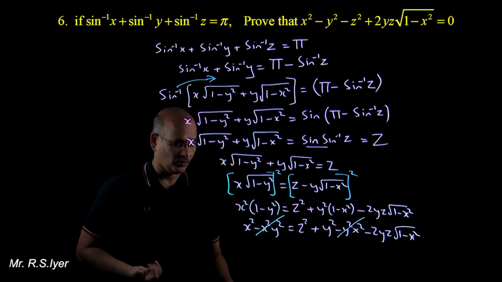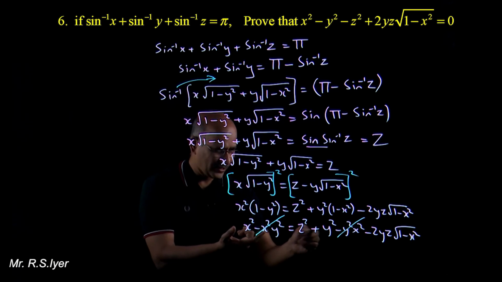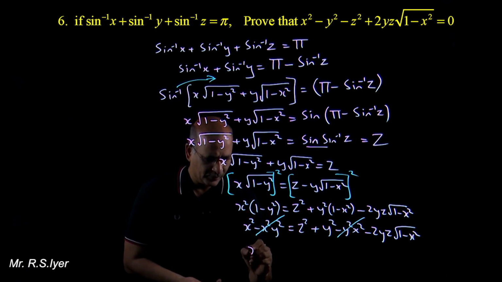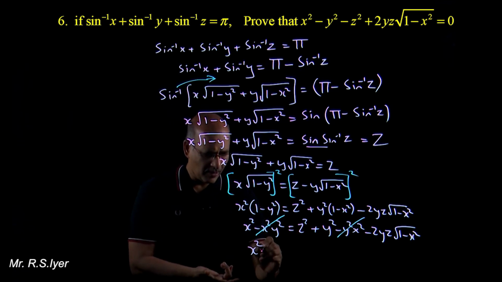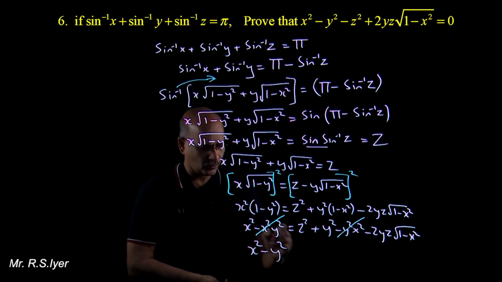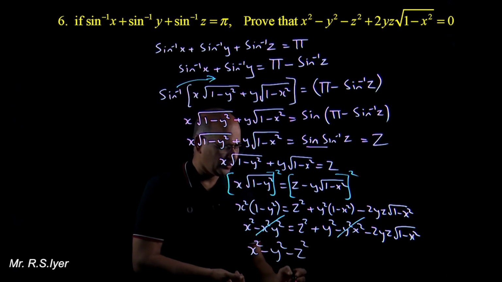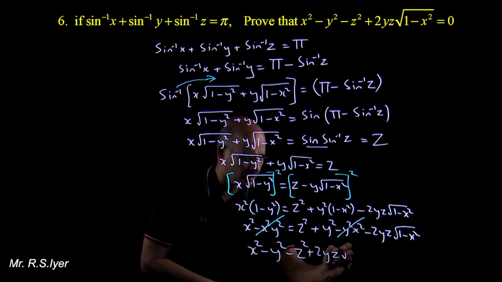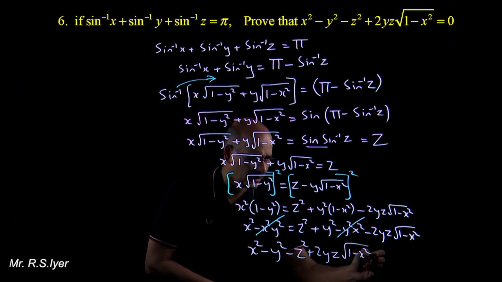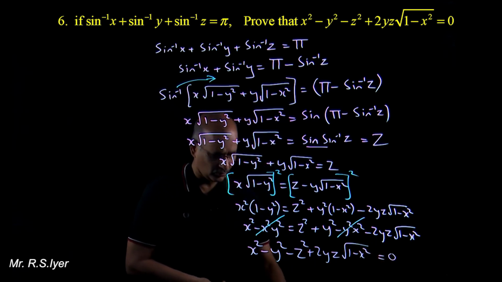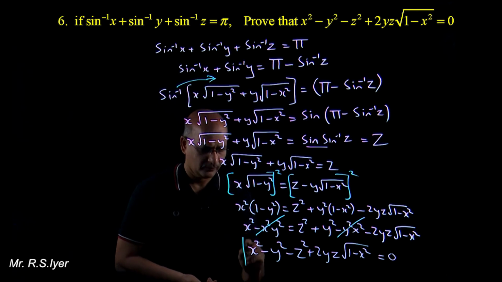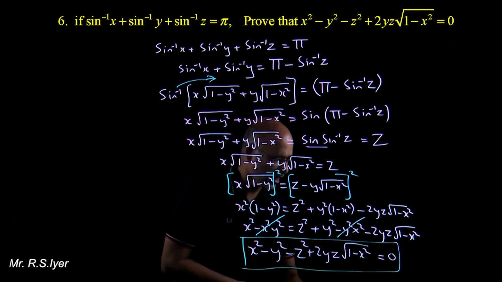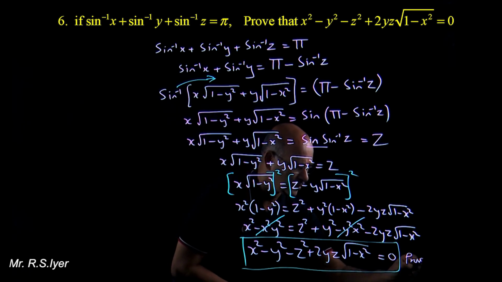Now see what is left. You will be surprised. y square, z square, take everything this side. So what happens finally? This will be x square minus y square, get the z square this side, minus z square plus 2yz root of 1 minus x square is equal to 0. Check it. Check this sum out. You have proved this particular part.